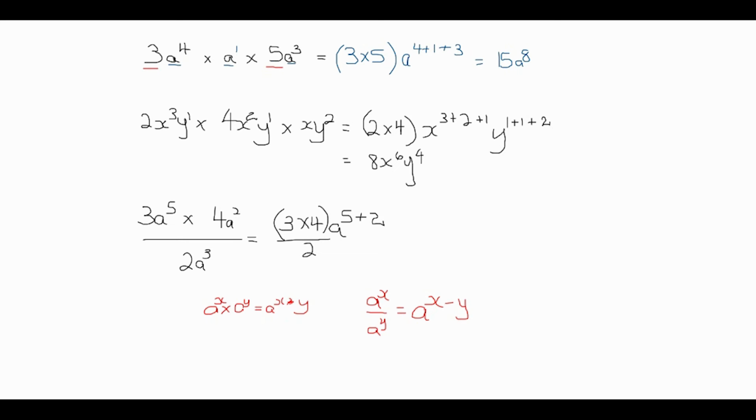And if it's the same base, the quotient that I'm going to get from these two would actually be the base a raised to the power that is the difference between these two powers. And you can check that for yourself.